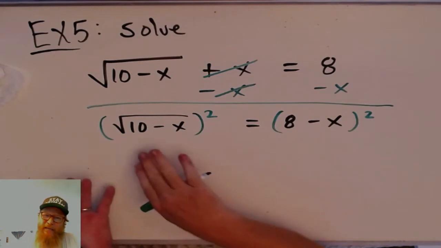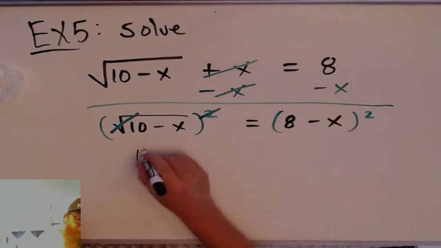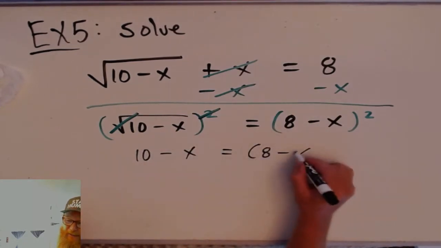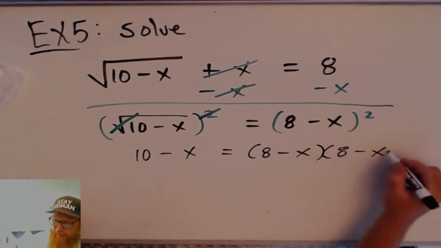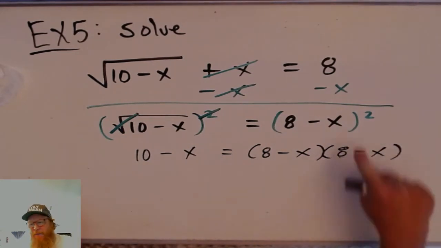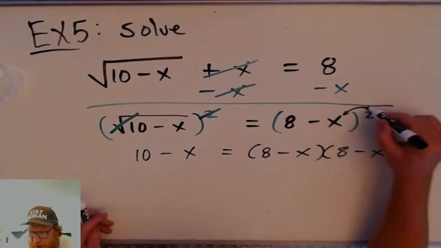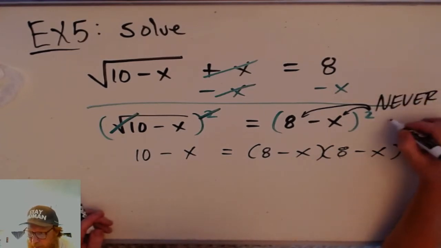Now, one of these sides is going to be very easy. That's the left side because it has the radical. The right side's not going to be so easy. You must write it out twice. If you try to just take this 2 and put it in there, that will always be wrong.